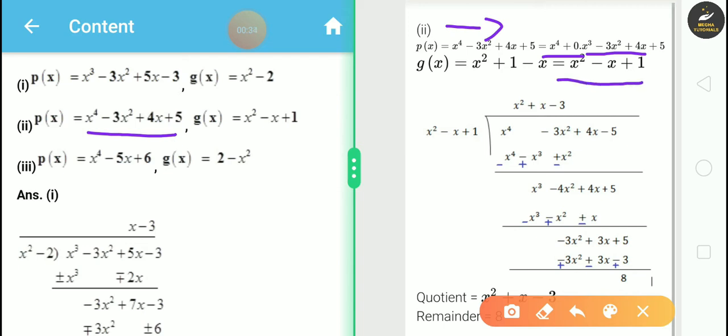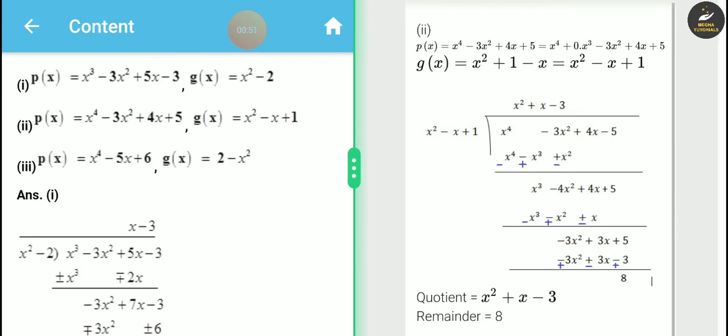So let's start with the long division. x raised to 4 plus 0x cube minus 3x square plus 4x minus 5 divided by x square minus x plus 1. First term upon first term, that is x raised to 4 upon x square, so we will get x square.